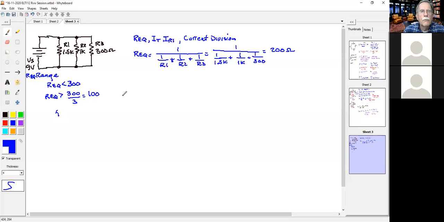I could solve for IR1, IR2, IR3 right now. I could say that IR1 is VS over R1, so I've got 9 volts divided by 1.5 K, which should be 6 milliamps.